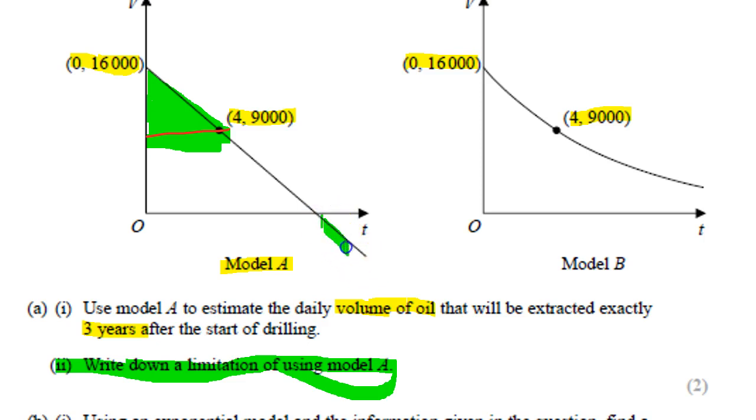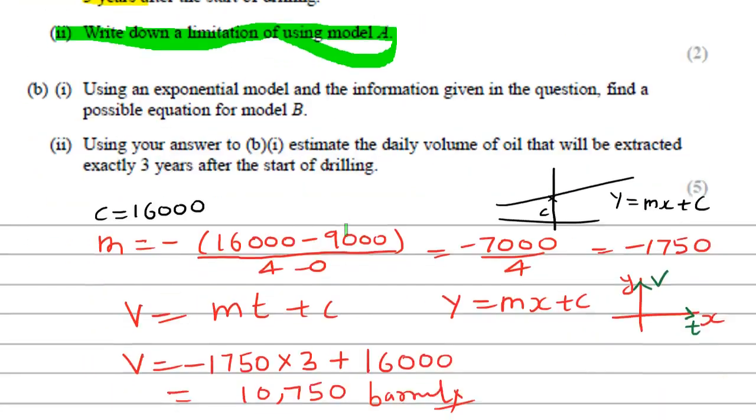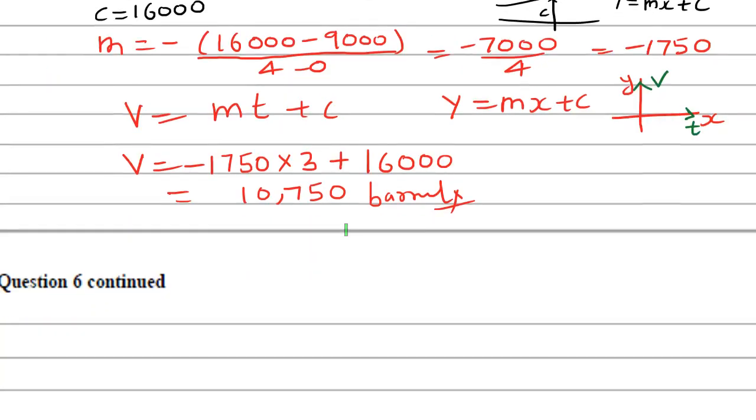You can see it is going negative after a certain interval of time here, so it cannot be negative. So this is the limitation. This model is not that helpful, so you can't extract a negative amount of volume.